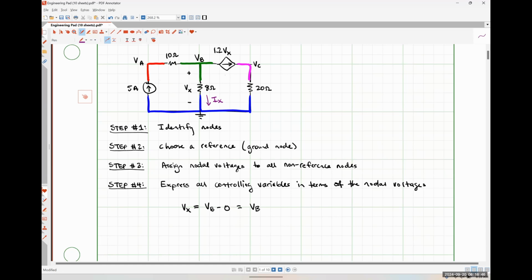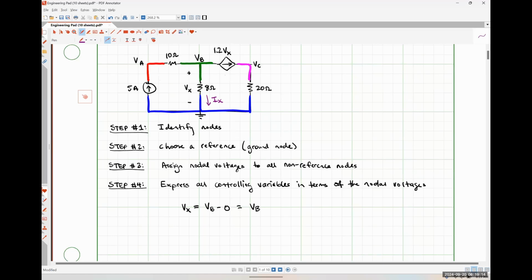How would we express the current Ix in terms of our nodal voltages? Anybody have any thoughts? Sorry, what was that? So you said Vb minus Ix. So let me ask you a question here. Vb is a voltage, right? What are the units of voltage?